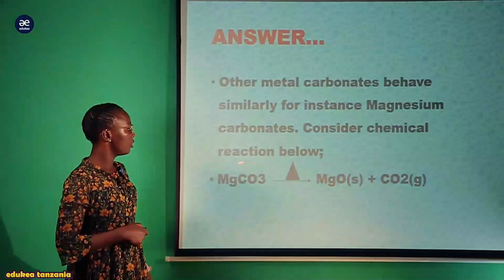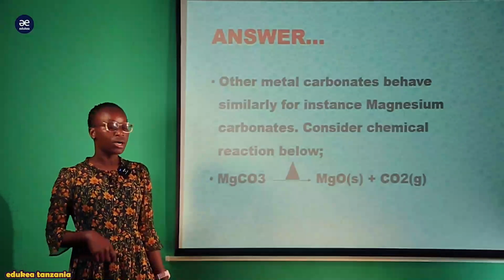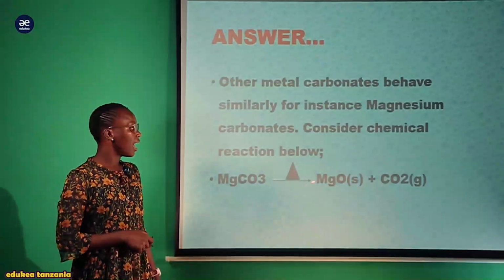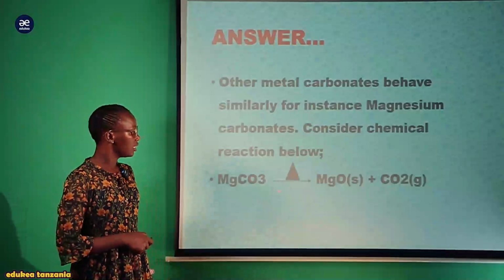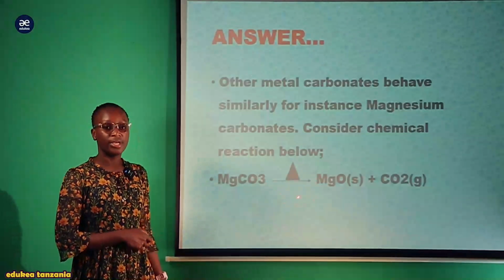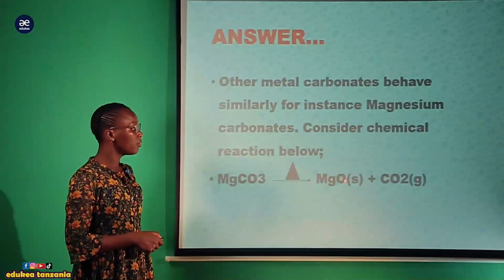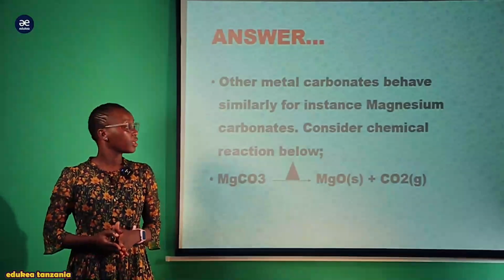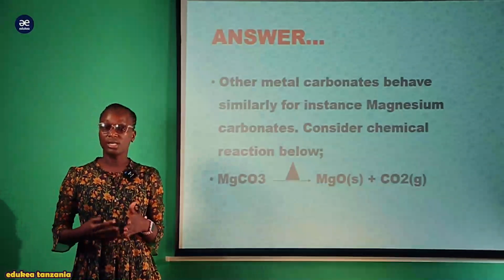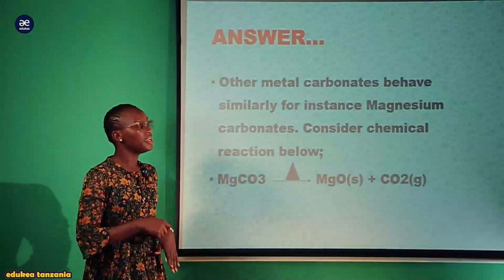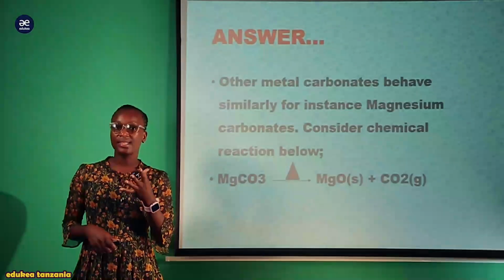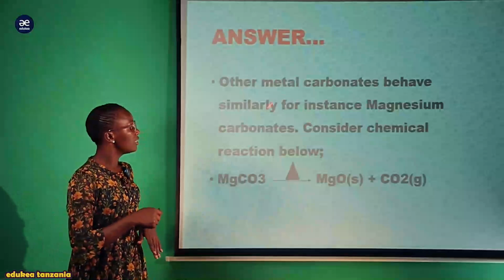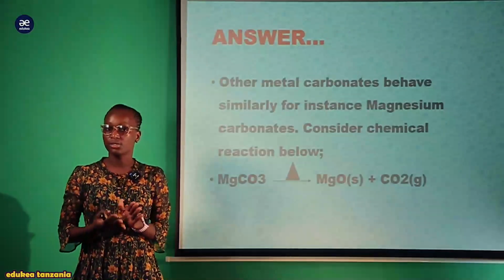Now consider the chemical equation or reaction below. This is magnesium carbonate, ana dissociate under heat source, anakuwa subjected with heat, ana dissociate, tunaenda kupata magnesium oxide, but also we're going to get the carbon dioxide gas. So this is how mwanafunzi atakiwa aonyeshe, lakini hii hapa ni additional, lakini kwa sababu umeambiwa uelezee this kind of salt, kwa hiyo hata ukielezea zote na ukionyesha reaction zake zote ni sawa.